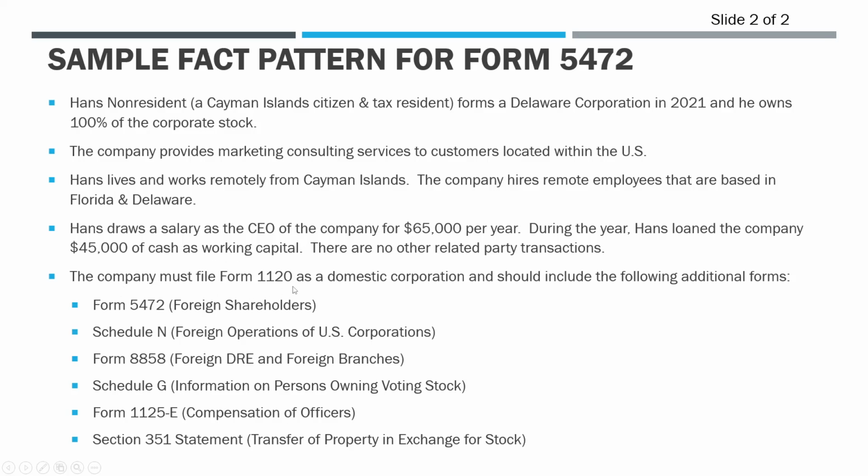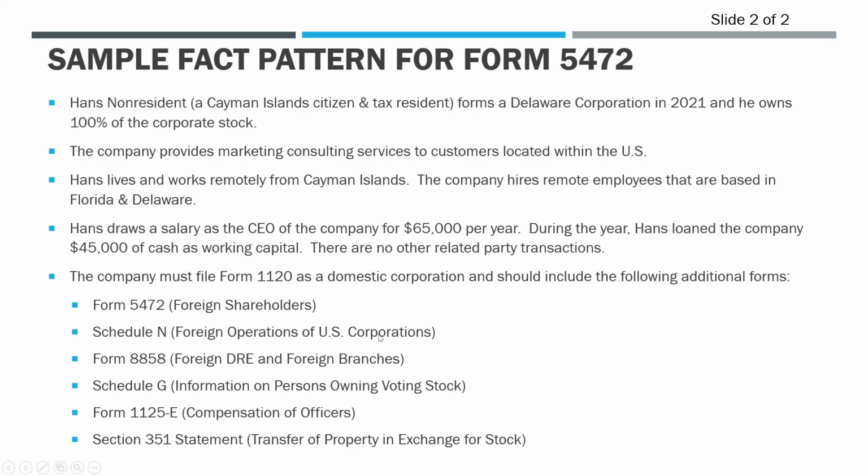Now, in addition to filing the 1120, I've listed some of the other forms here that generally would be required. However, I'm not going to go into all these in detail, right? We're just focusing on the 5472 here. But the 5472 obviously is necessary because we have greater than 25% foreign shareholder. Schedule N can be included. This is where you disclose foreign ops of U.S. corporations.